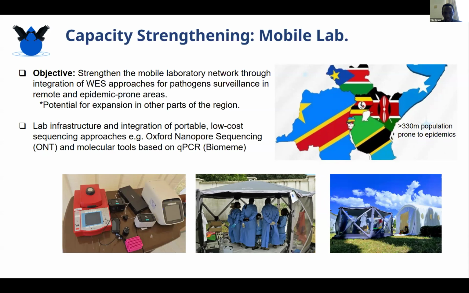We have also organized training looking into integration of some of the approaches, such as a metagenomics approach using Oxford Nanopore, and identification of targets using portable qPCR that can be integrated in the mobile lab setup to be able to respond to outbreaks, because we understand that sometimes you have an outbreak in areas where you don't have a static lab.